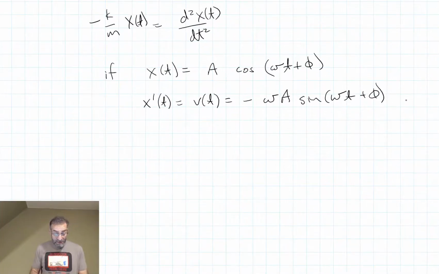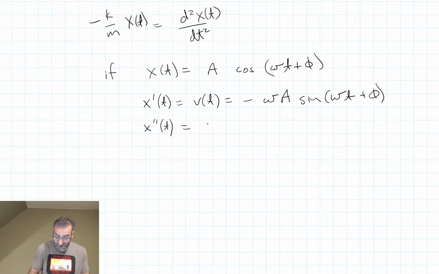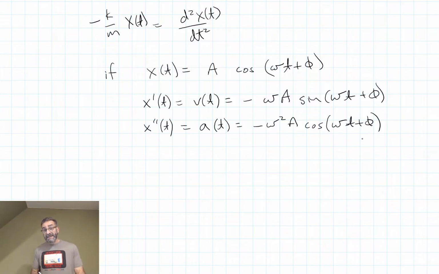And if I take the derivative of this, the second derivative of my position versus time is going to be the derivative of my velocity versus time, is going to be my acceleration versus time. And you can see we're getting back to where we started.